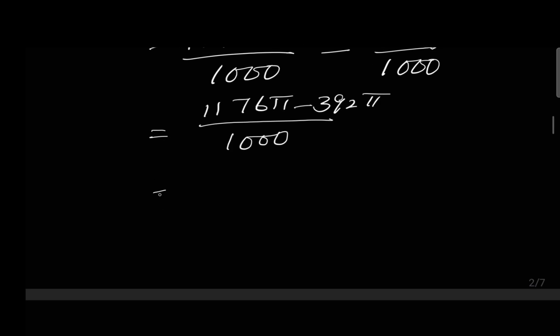If you subtract, you will get 784 pi by 1000.